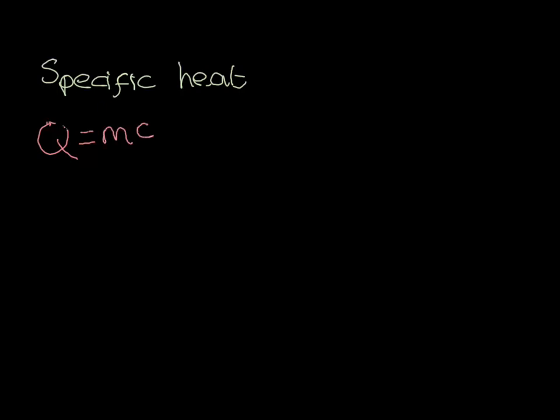So we said that specific heat, the equation was Q, which is the heat, is equal to the mass times the specific heat times delta T. That was specific heat, and the definition was the amount of heat needed to raise the temperature by 1 degree of a kilogram of material.